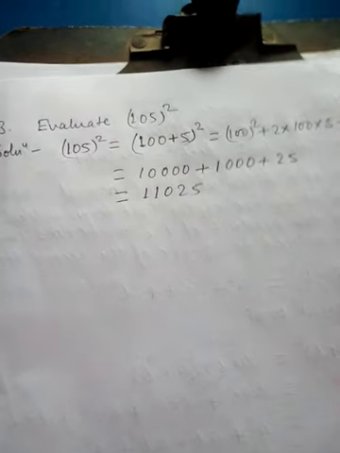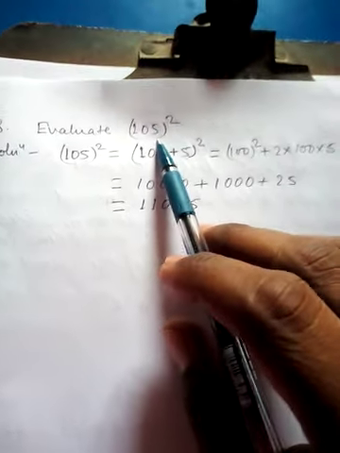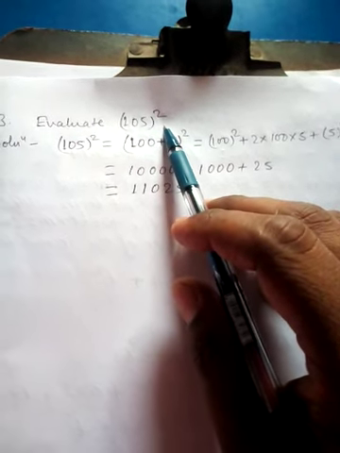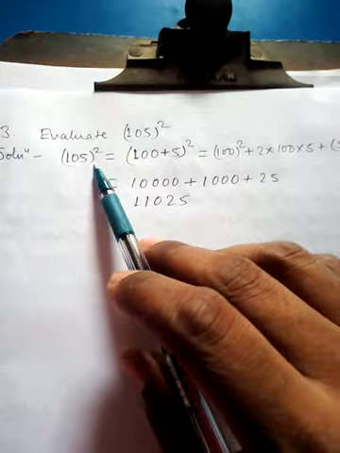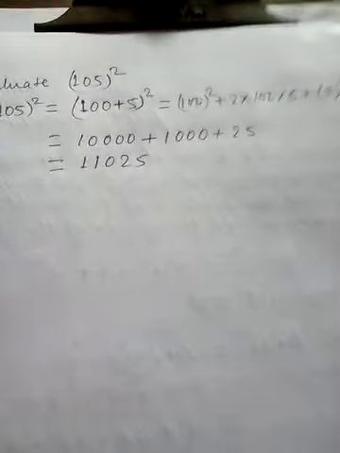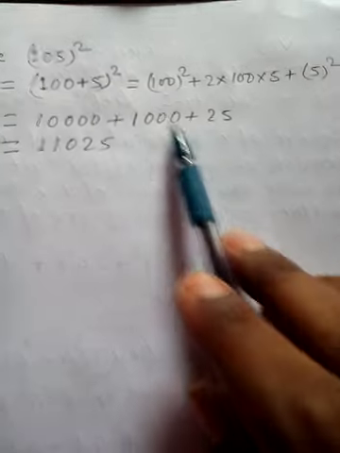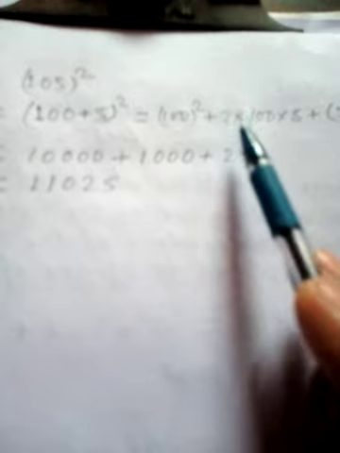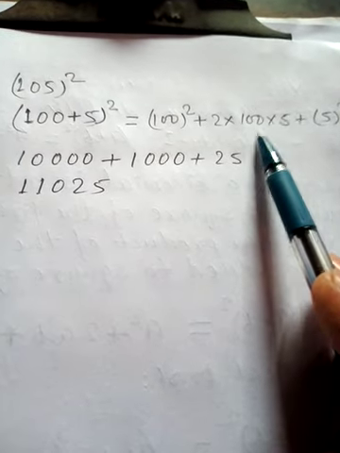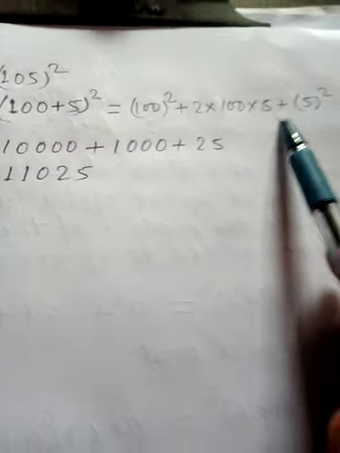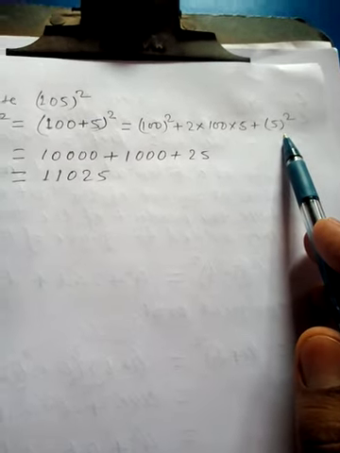Here I am taking one more example, that is, evaluate 105 square. 105 square means we can write (100 + 5) whole square, so 100 square, that is a square, plus 2ab, it means 2 into 100 into 5, and plus b square means 5 square.